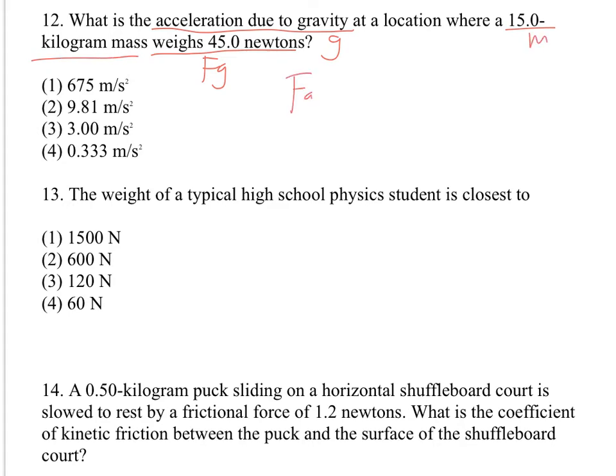So we're just going to do it here. F of g is equal to mass times g. If our weight is 45 newtons and our mass is 15 kilograms, we're solving for g here. 45 divided by 15 gets us a g of 3 meters per second squared. Choice 3. 3 for 3.